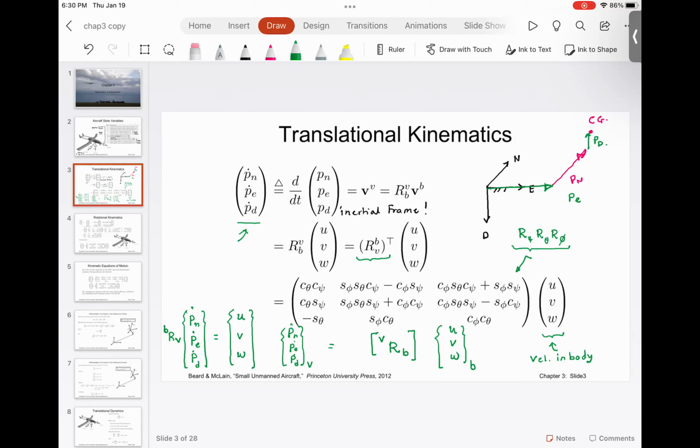You agree with me? But if you think about it, those positions are calculated after the successive rotation. Remember, we have these rotations. So the accelerations that we have are in the body frame.